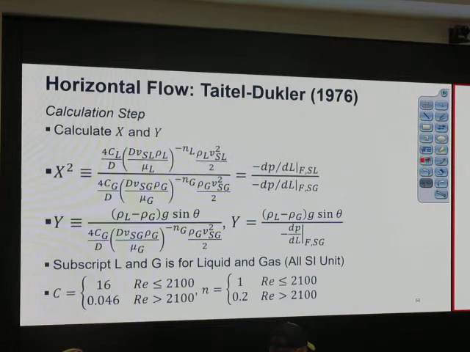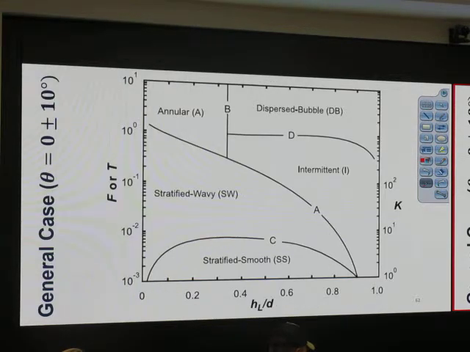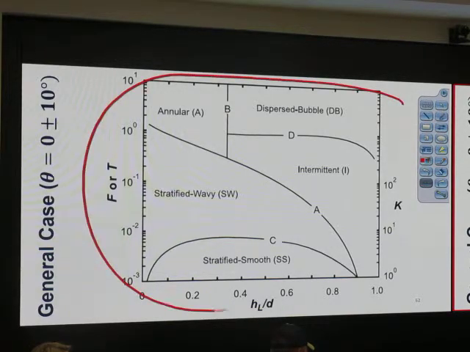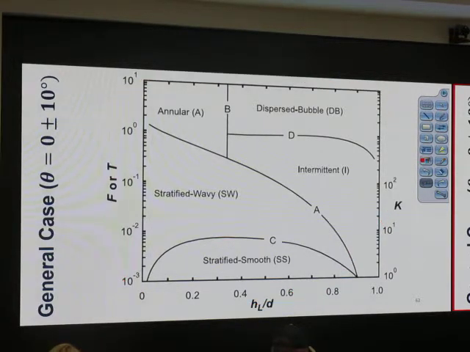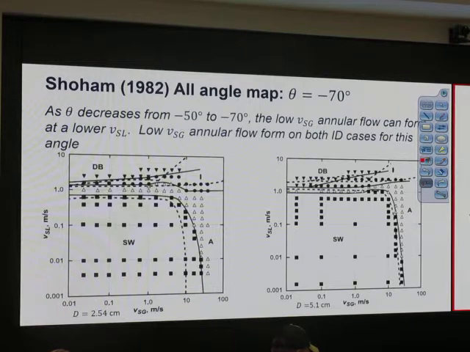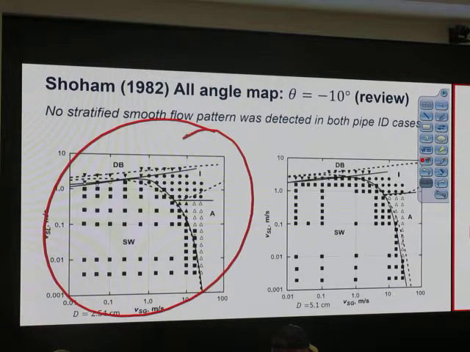If the flow pattern is already predicted, and you want to know, if we have this much water flow rate and this much oil flow rate, what is the flow pattern? That is easy because the flow pattern map is already generated. This chart is used to generate the flow pattern map. When do we use this chart? When we do not have the flow pattern map.